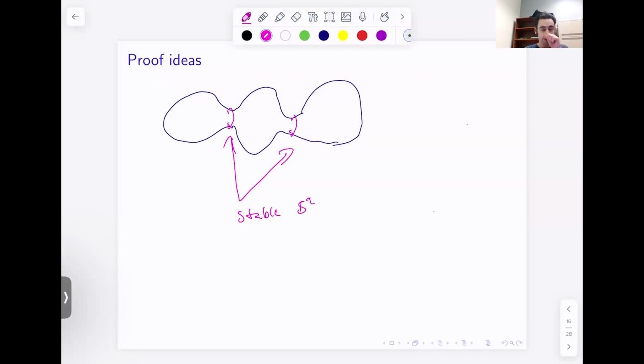The key fact here is that in 3 dimensions, we have very good control on the geometry of stable minimal surfaces. A two-sided stable minimal surface has to be a sphere or RP2. In the orientable case, it has to be a sphere, and it will have small diameter and small area.